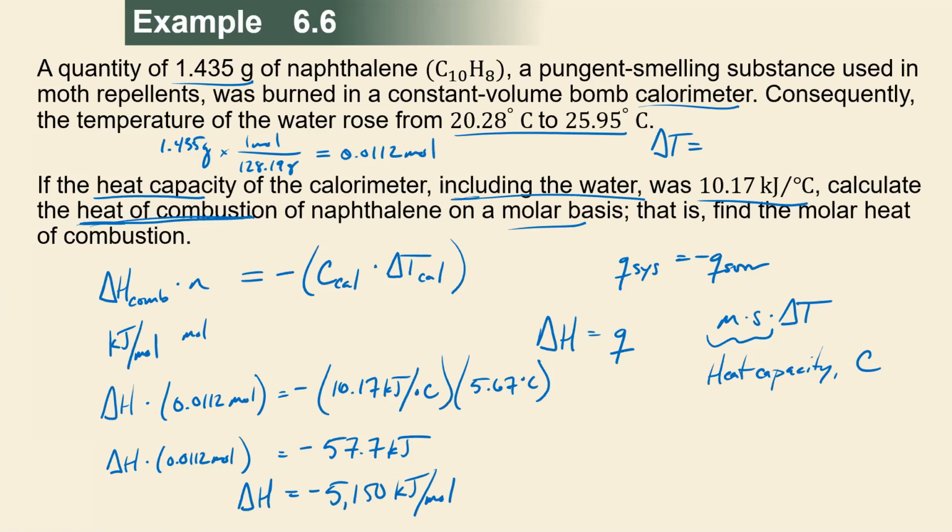This one probably goes a step farther than the ones you'll see in ALEKS because it involves that delta H. But I wanted to do a more difficult one now so that the easier ones on ALEKS you can handle, right? And so this is solving for the enthalpy of a reaction, in this case a combustion reaction. And we end up with an enthalpy of negative 5,150 kilojoules per mole.